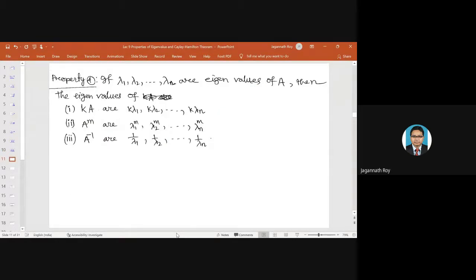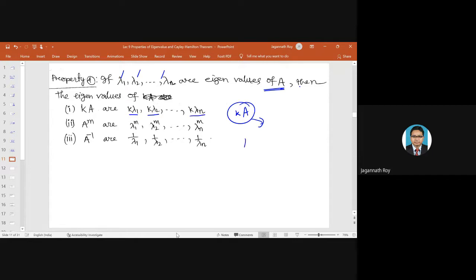Now if we have eigenvalues lambda 1, lambda 2, up to lambda n for a given matrix A, then the following results will hold. If you multiply k times A, the eigenvalues will be k times lambda 1, k times lambda 2, and k times lambda n.